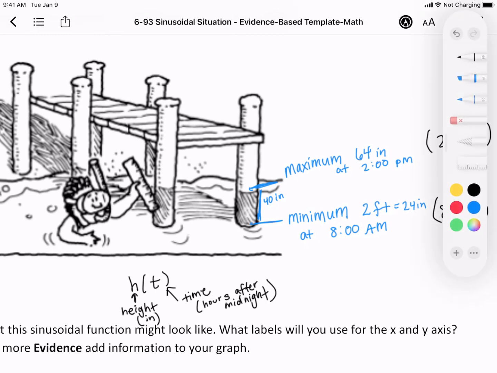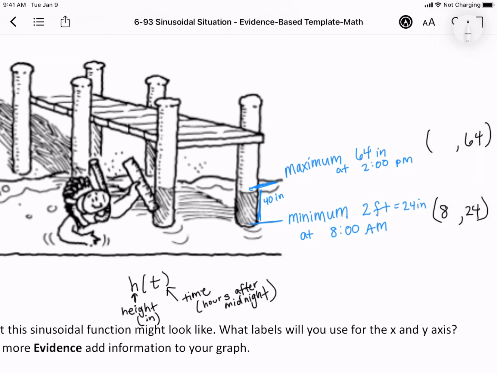So we're going to have to use military time, which means 2 p.m. is 14 hours after midnight.